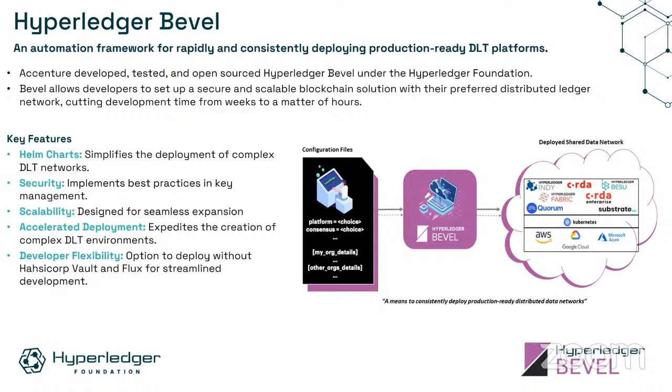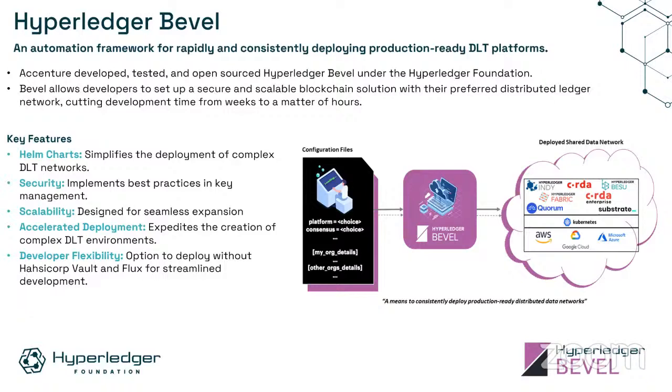Scalability was already there. It is designed for expansion easily. You can just add an additional organization and run the same command. It will work for most of the platforms. That's how it adds to the scalability. Then we have the accelerated deployment, which is the main feature: you want to create the DLT environment quickly.